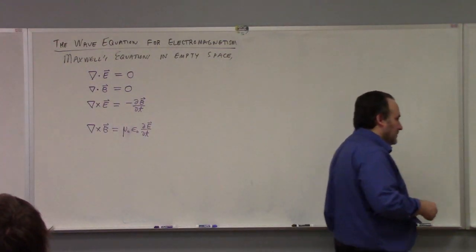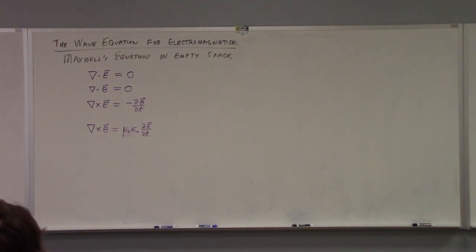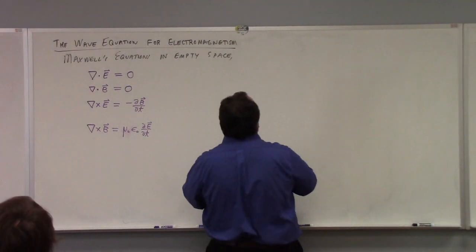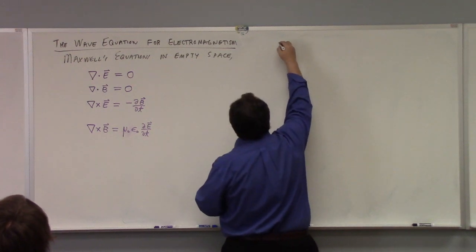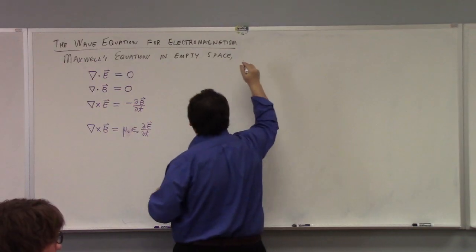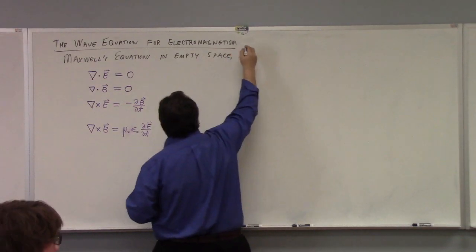Okay, so then, I guess we could derive it if you want. Did you already derive this one, the curl of the curl? You've not done the curl of the curl?